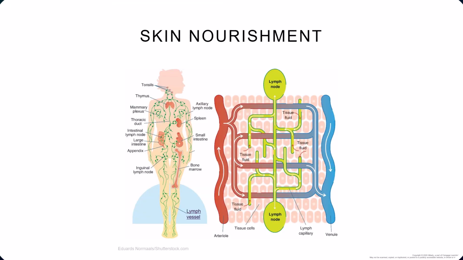Moving on to skin nourishment, our blood and lymph is what is nourishing our skin. There are networks of arteries and lymphatics that send essential materials for growth and repair through the body. Water, vitamins, minerals, and other nutrients are sent through all of this, and that's what's important for our skin health.